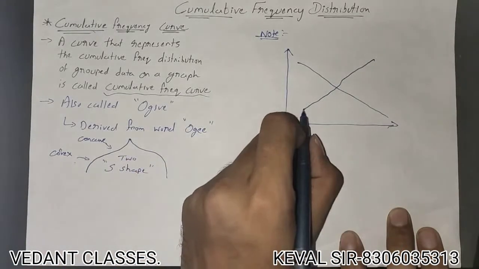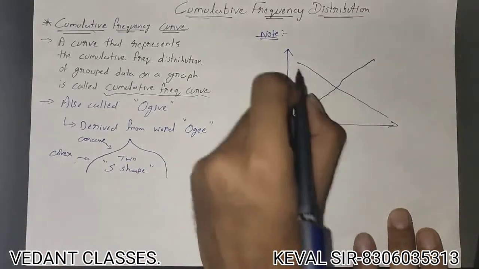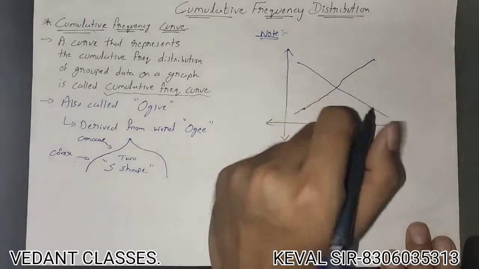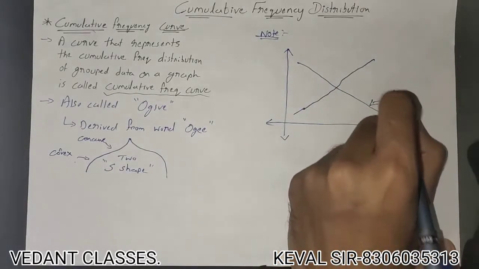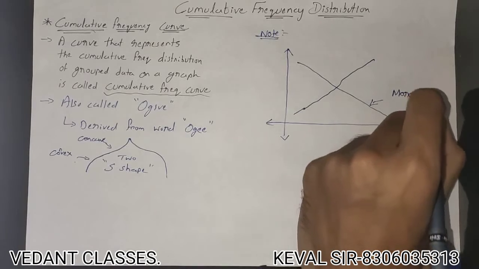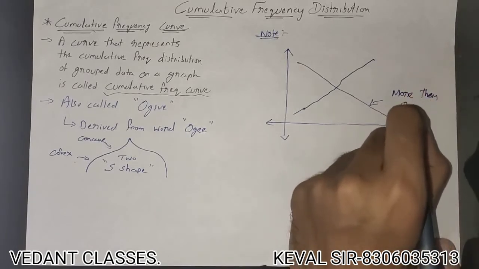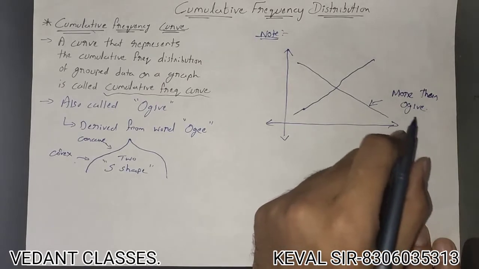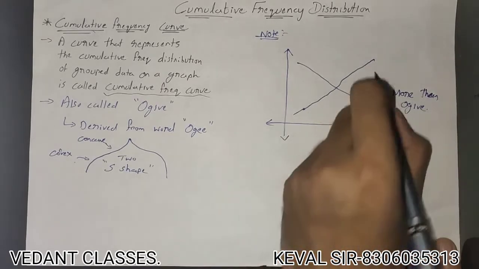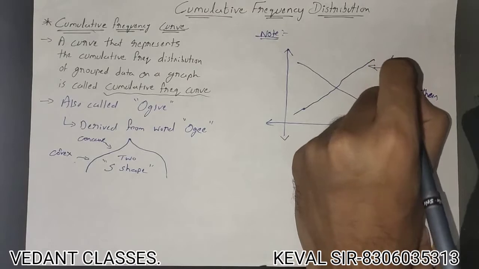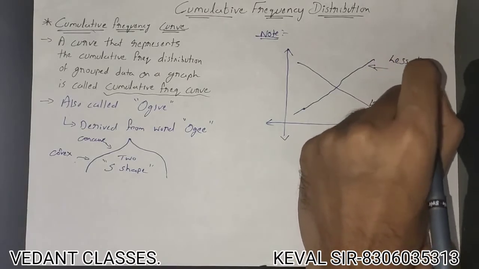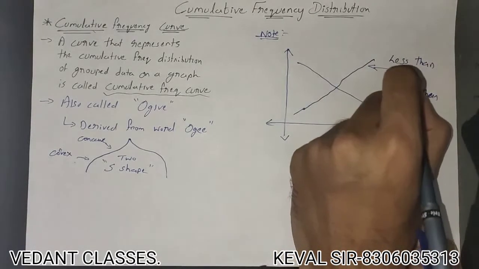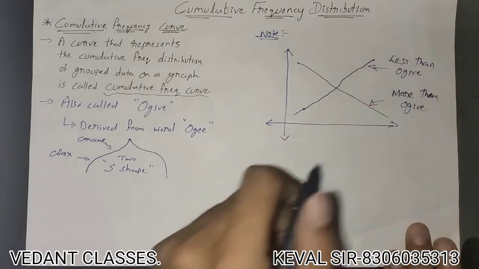Now see, if we are getting this kind of shape with a downward slope, then it will be a more than ogive, or you can say a more than frequency distribution curve, and this will be a less than ogive. Okay, so remember this thing.